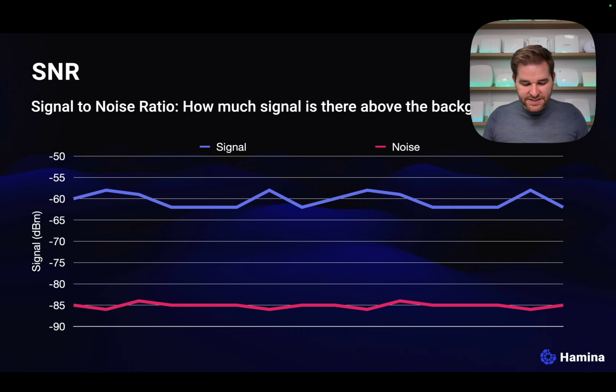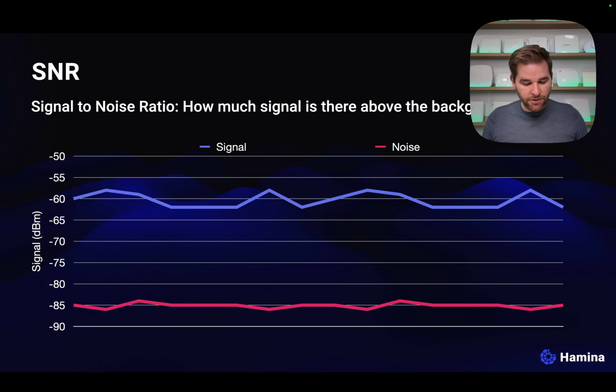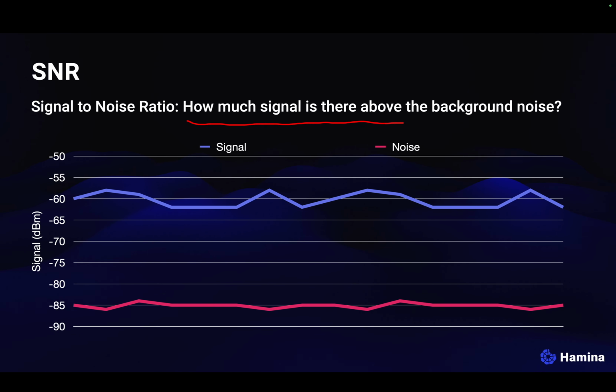Cool. So let's extend that a little bit and talk about the signal to noise ratio. We talked about what a good signal strength is. It's funny, this is the measurement that we always use for Wi-Fi, but it's actually not quite as useful as signal to noise ratio. Signal to noise ratio is how much signal is there above the background noise. So if the background noise is down here at negative 85 dBm, and maybe our signal is up here at negative 60 dBm, that means that we have about 25 dB of SNR.